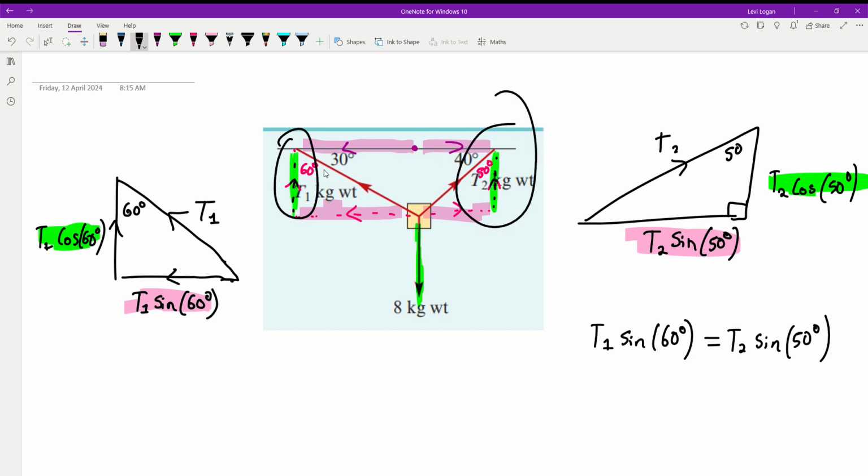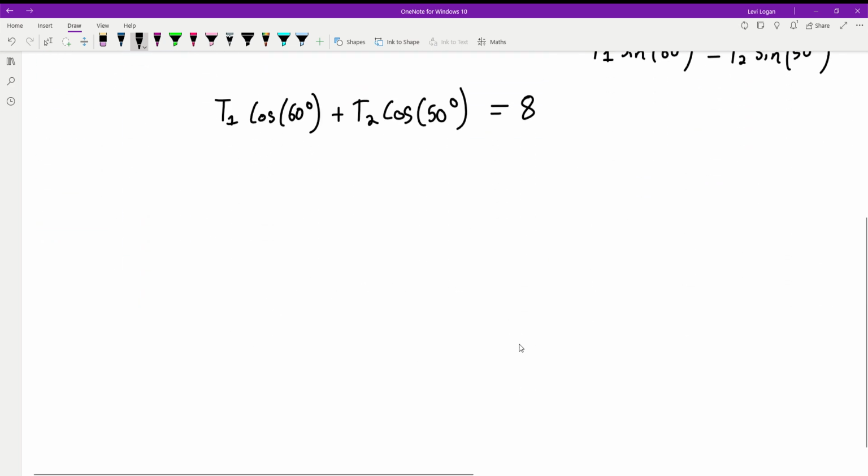So the sum of these two is equal to the counteractive force, which is your force due to gravity. So that means T1 cos of 60 degrees plus T2 cos of 50 degrees is equal to 8.